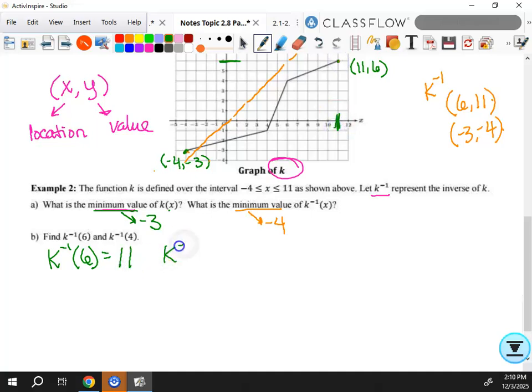Then k inverse of 4, because it's the inverse, my input is now my old output. So that would be a y equals 4 situation, where we get this right here is 6. What questions do you have? Anything? All righty, flip it over.